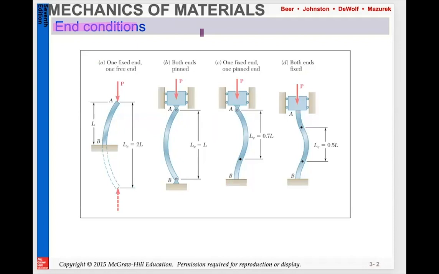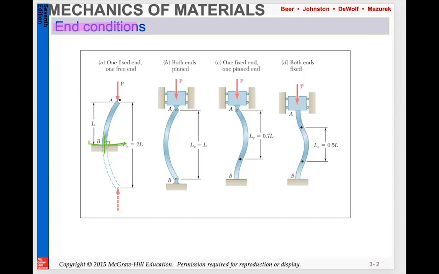Basically, the effective length is some multiplication of the regular length depending on the end conditions. For the first case, we have one fixed condition, which means we cannot rotate at that particular point. It has to stay perpendicular to the support. And in this particular case, the other end is free.